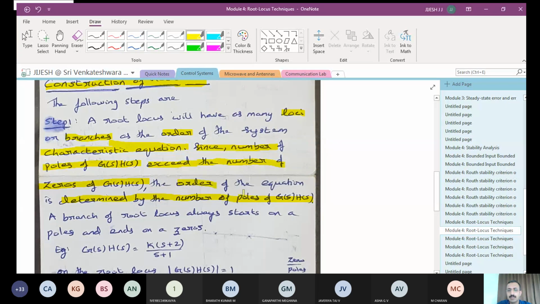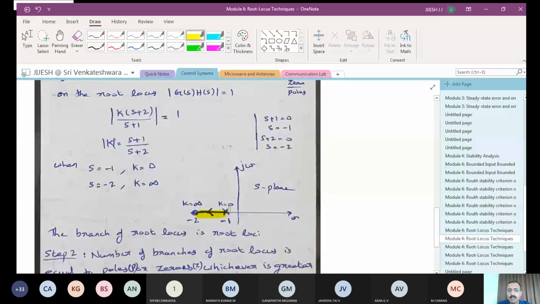So a branch of root locus always starts, this is also very important. I have shown you the branch of the root locus always starts on a pole and ends on a zero. That is what you can see here. This is the pole marked by a cross mark, and these are all examples I am showing you.